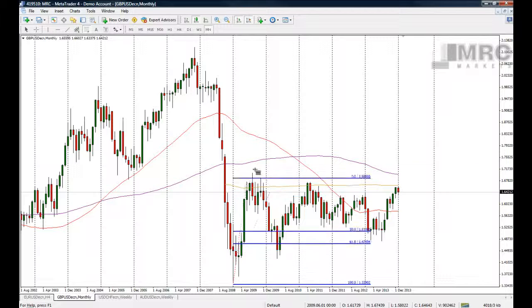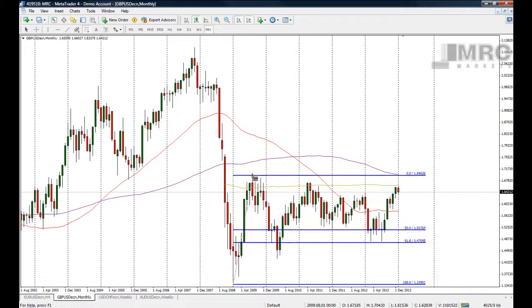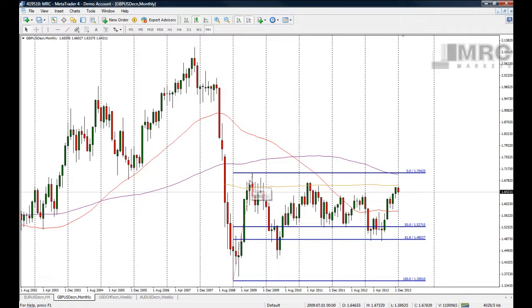And then yeah, you've got this fib here, which has been an interesting one. So this is from the low of 2009 to the high of 2009. That same fib, it's been an interesting one.